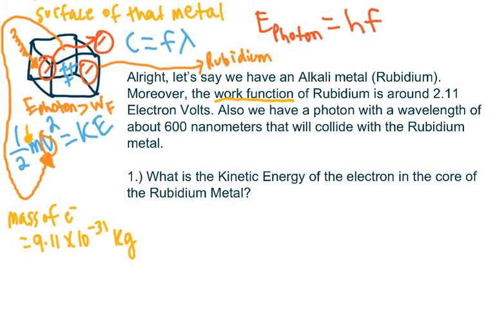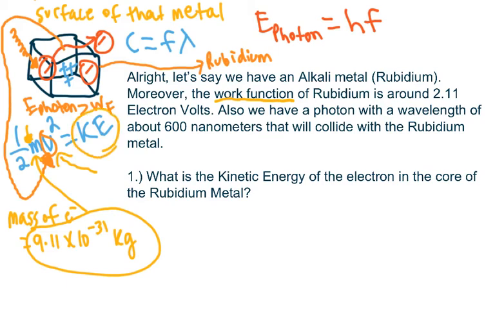If we feed 9.11 times 10 to the negative 31st kilograms into the mass, and because this electron got freed it has some velocity, that velocity squared gives a positive kinetic energy. Kinetic energy is not a negative value; it's always positive. Since we're talking about energy, the units will be joules.